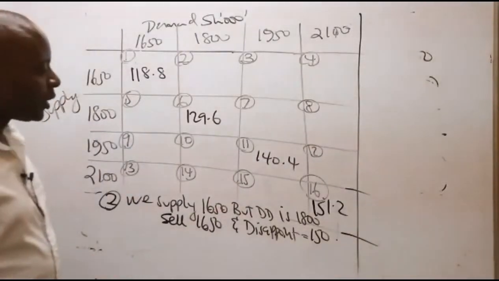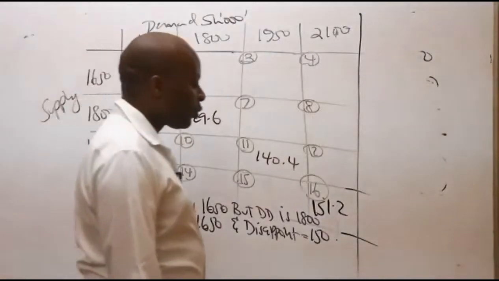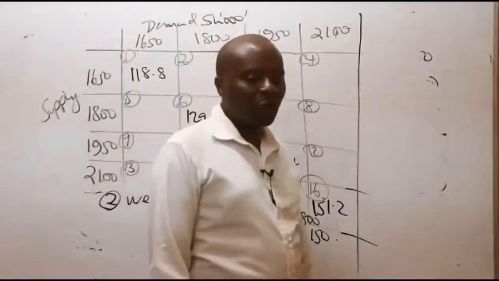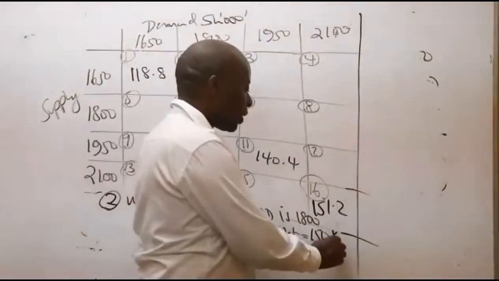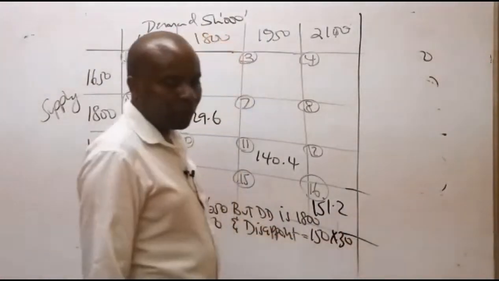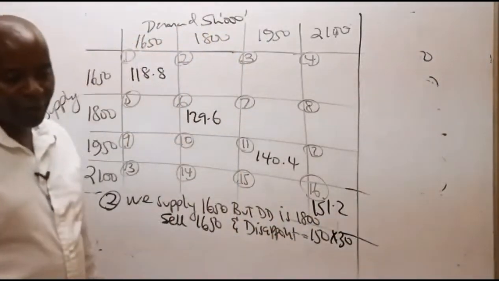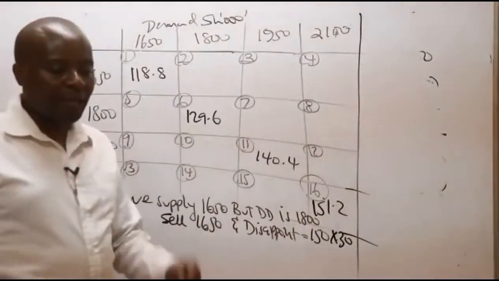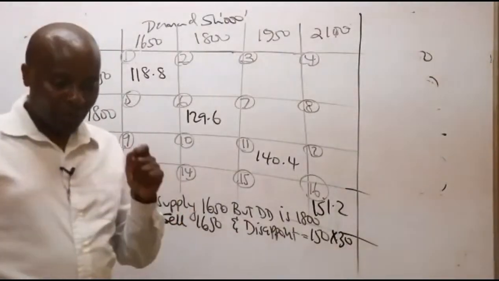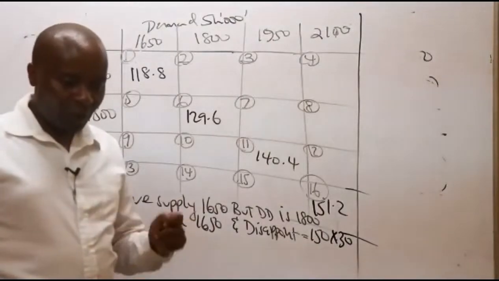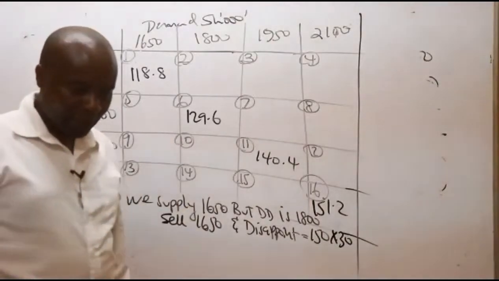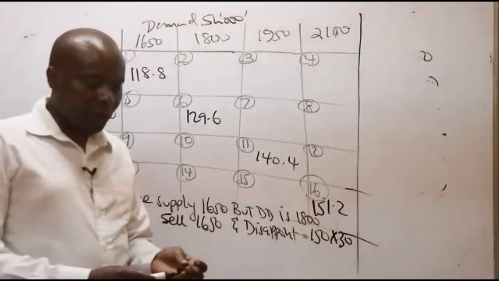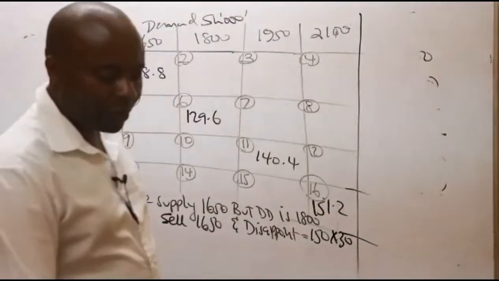For every customer who comes to buy these things from you and you don't have them, you're going to make a loss. A loss of what here? Is it 30 or 35? We've been given this opportunity cost, ladies and gentlemen, in the question.